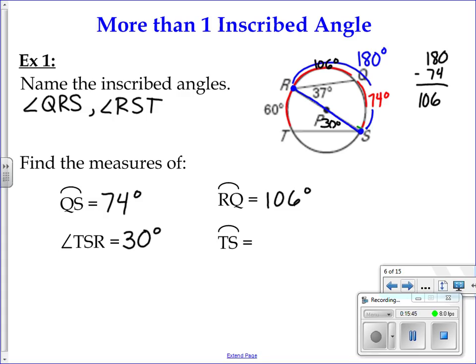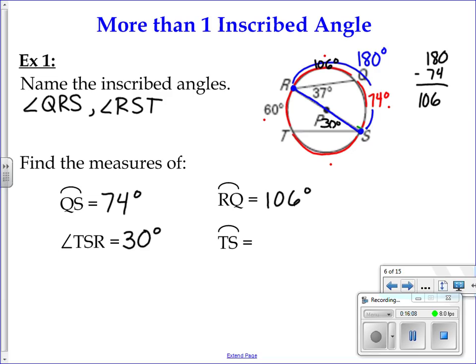And then you'll notice it's asking us for the very last arc, TS. So there's more than one way to figure this out. You can take a look at all of the individual arcs that we found. We know that they should add up to 360. So you can add up the 60 plus 106 plus 74, subtract from 360.